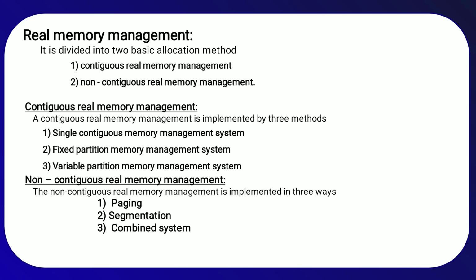In contiguous real memory management, the process is loaded in the main memory contiguously. In non-contiguous memory management, the process can be loaded in the main memory non-contiguously. The non-contiguous real memory management system can be classified into three types: paging, segmentation, and combined system.